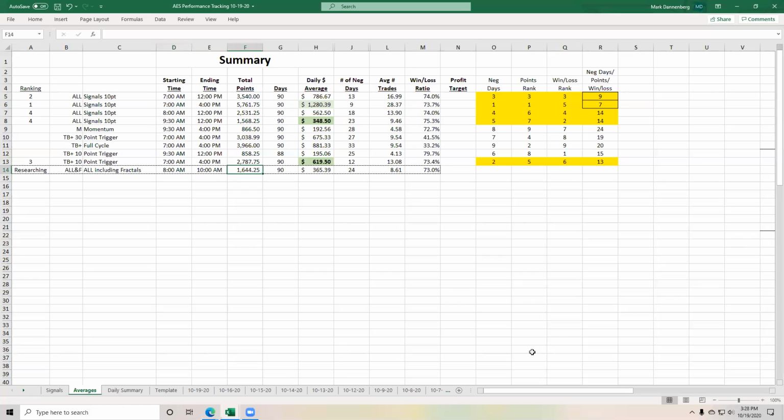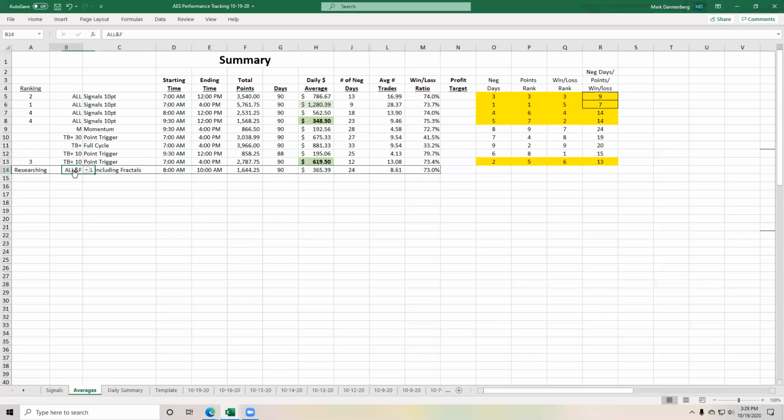We can't guarantee anything, but we can tell you what to reasonably expect. If you were trading all signals plus fractals, you could possibly be averaging somewhere around $365 a day per contract. It doesn't guarantee anything going forward, but that is our experience rate.